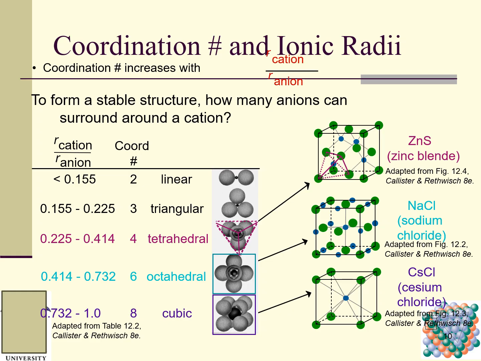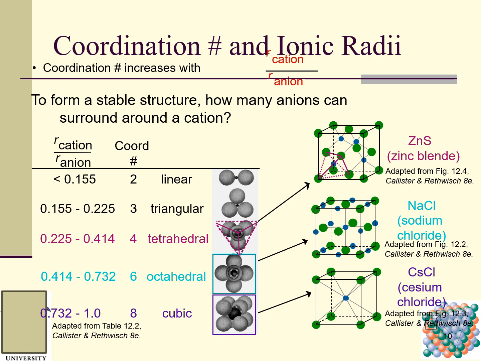So this is the coordination number. If the ratio of these two is less than 0.155, the coordination number is 2, one on this side and one on the other side. This is linear.